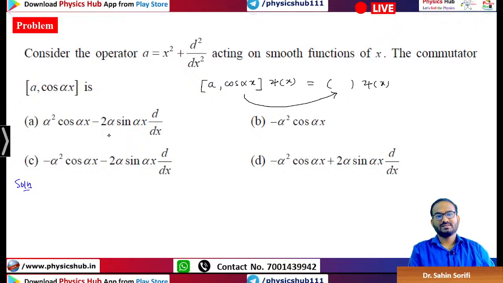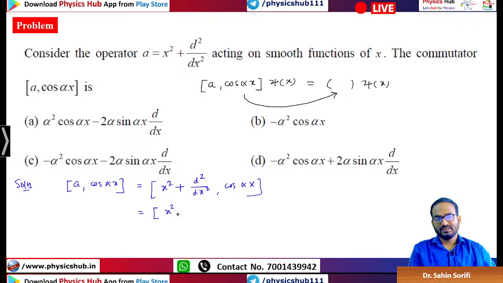First of all, let us simplify this a little bit, then we'll apply it on the wave function psi. So the commutator of A with cos alpha x, A is given to you as x squared plus d squared by dx squared, so this is the commutator of x squared with cos alpha x, plus the commutator of d squared by dx squared with cos alpha x.